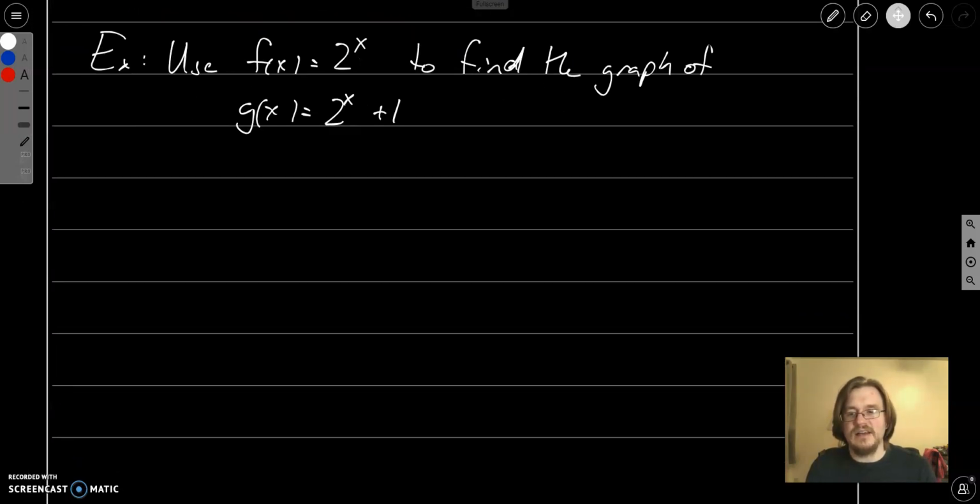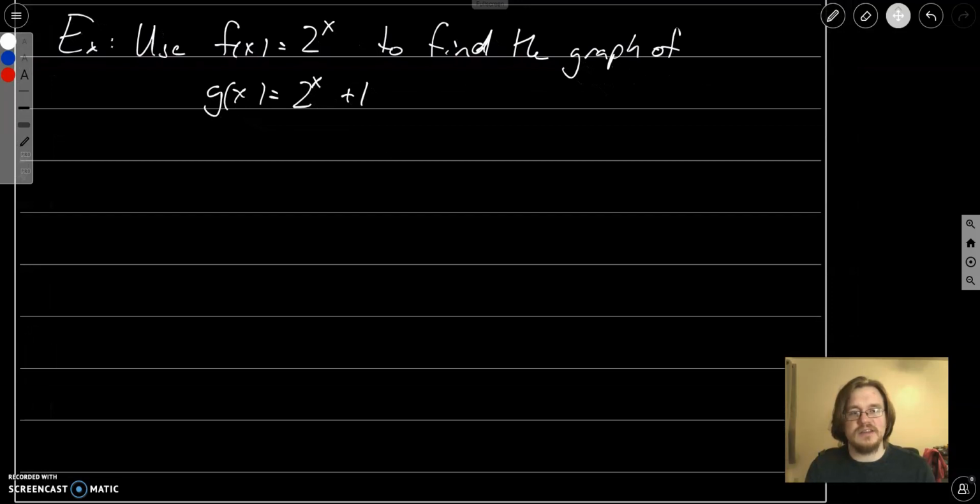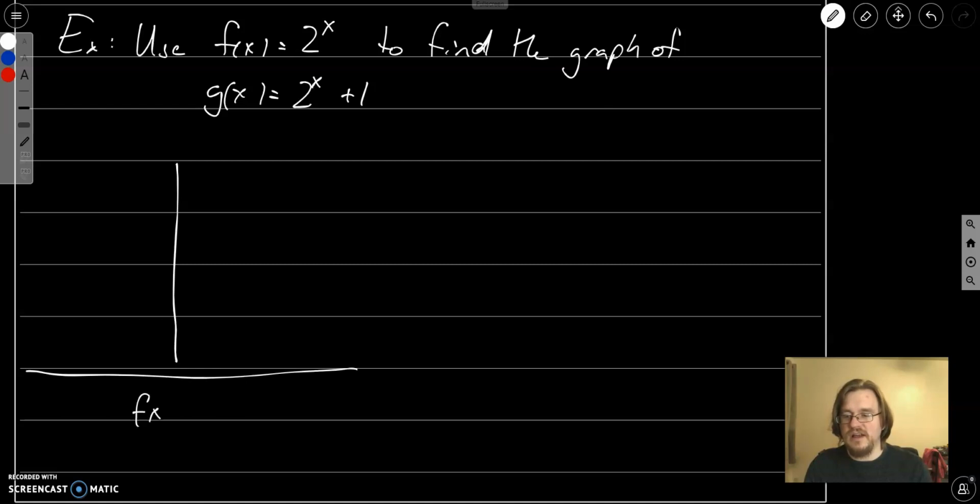Let's look at one other graph. Let's look at the graph of 2 to the x plus 1. So here, let's take our function f of x is equal to 2 to the x power. Let's just go up by 1s, 2, 3, 4. So we know that at 0, 2 to the 0 power is always 1.